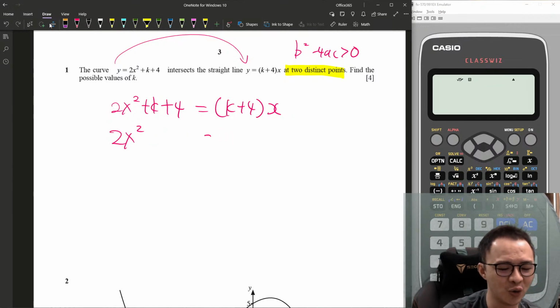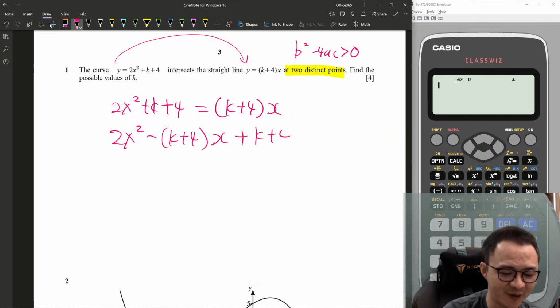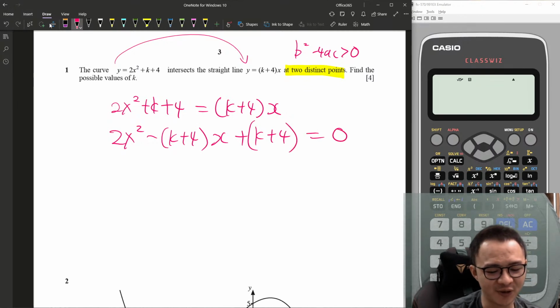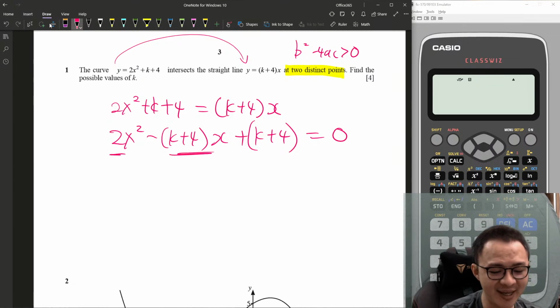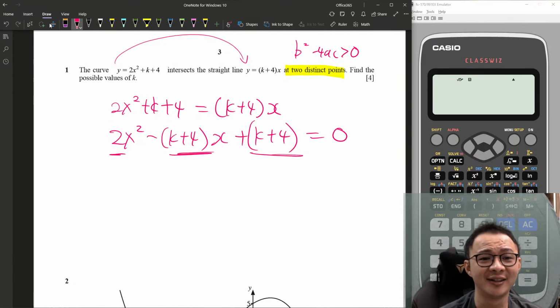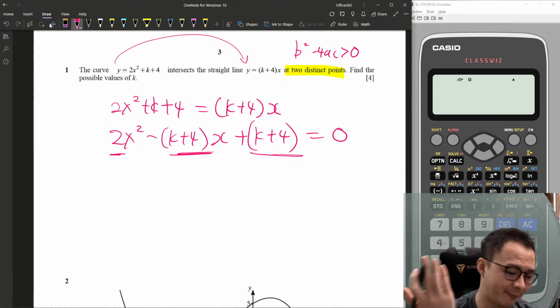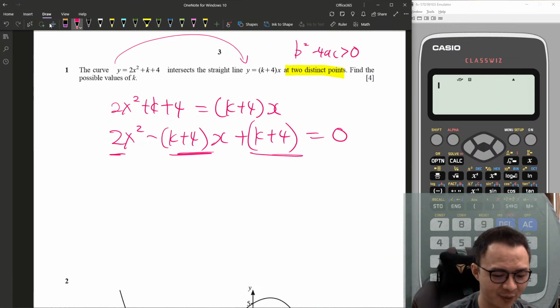I can throw the whole thing to the other side straight away: minus (k plus 4)x plus (k plus 4) equals 0. So you can easily see my a value will be 2, my b value will be negative (k plus 4), and my c value is k plus 4.